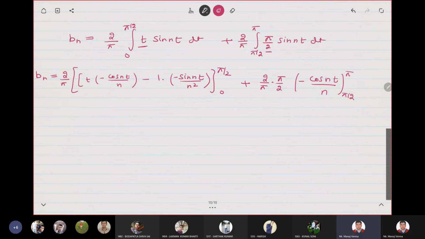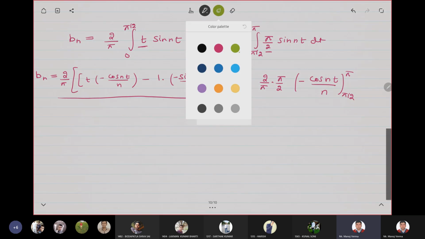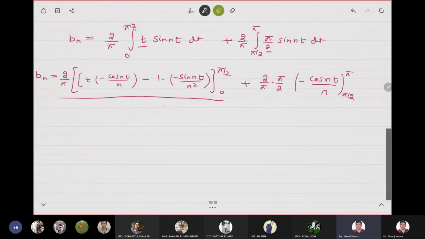So in the first integral, in the first expression, now I will insert the upper limit and lower limit.